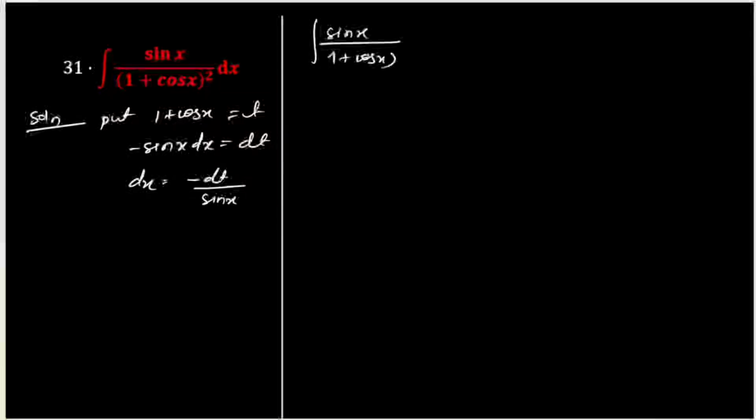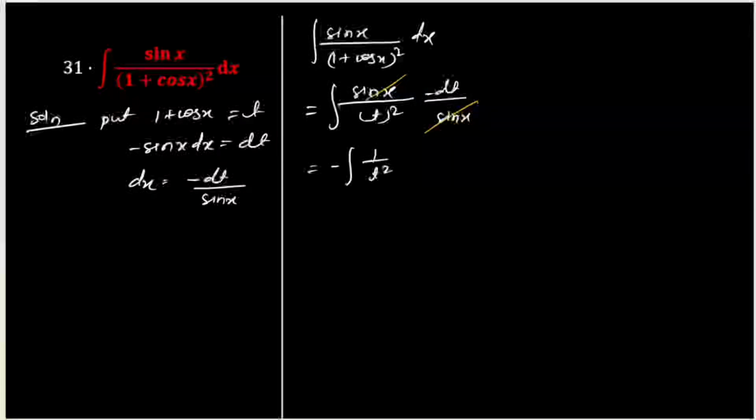sin x by 1 plus cos x whole squared into dx is equal to sin x by t squared, with dx equal to minus dt by sin x, and sin x cancels.